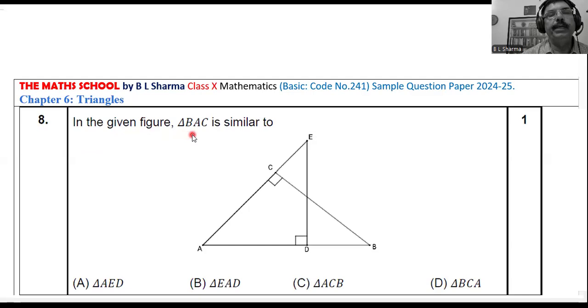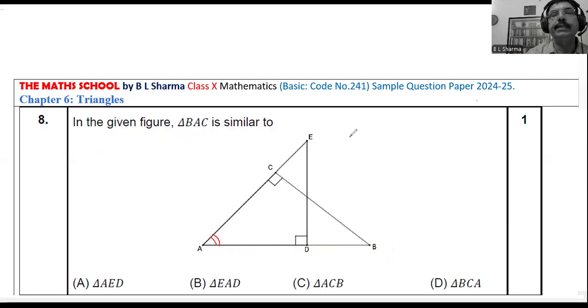In the given figure, BAC is similar to... This is BAC, and so we can mark the angles here. मैं यहाँ पे angle mark करता हूँ. देखिए. Okay. Angle A is common, sorry.